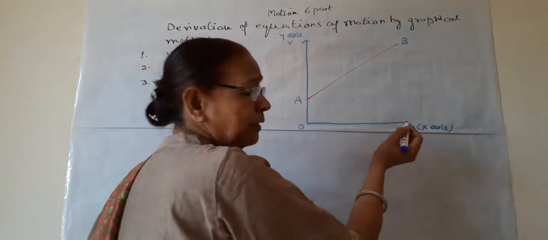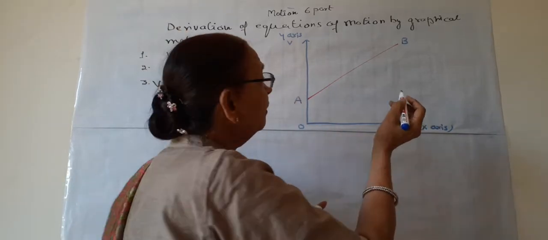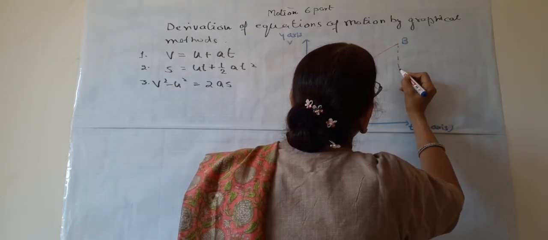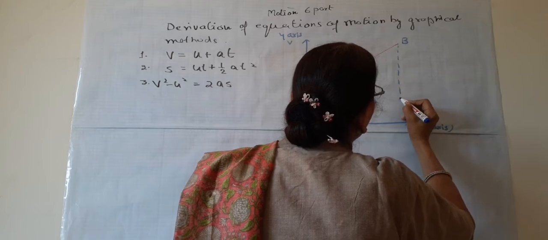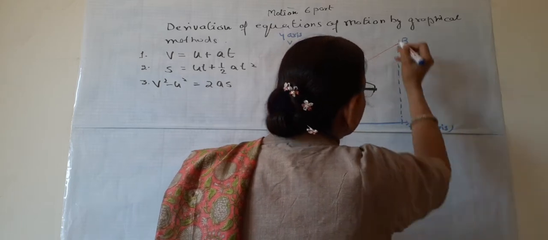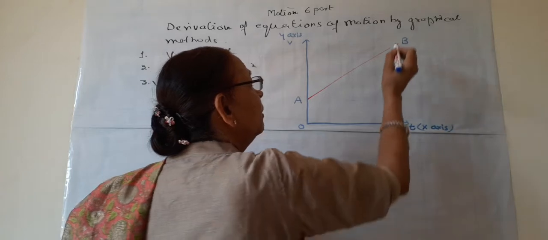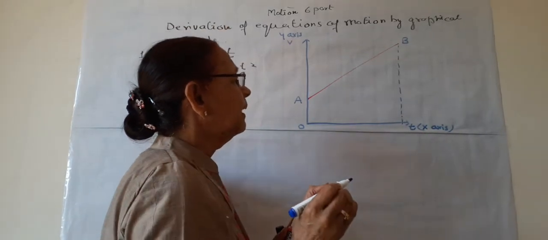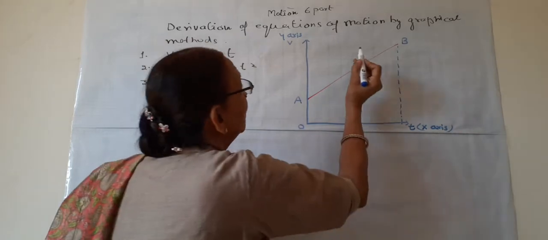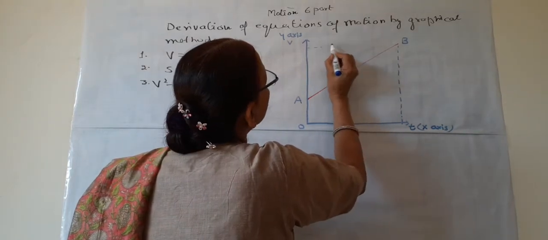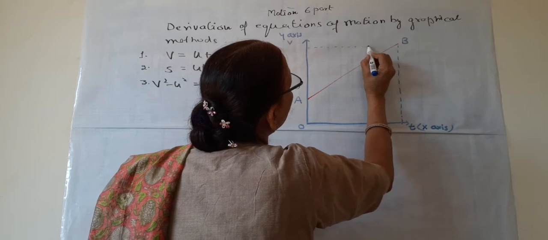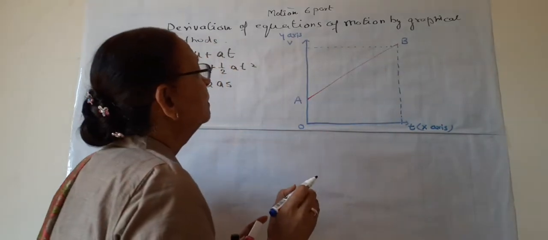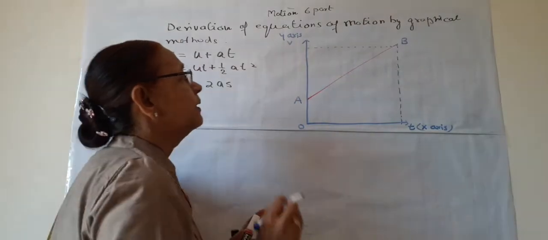Now this is the velocity time graph or VT graph. Now what we do, we drop a perpendicular from B to the x-axis or the time axis. One perpendicular is also drawn from B to the y-axis where velocity is there.